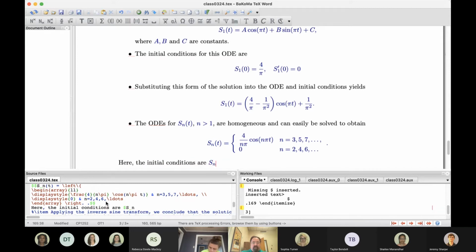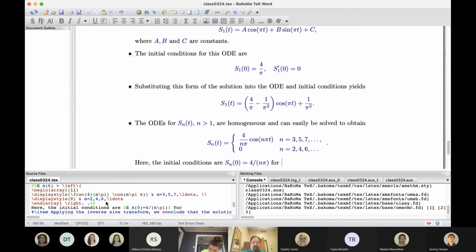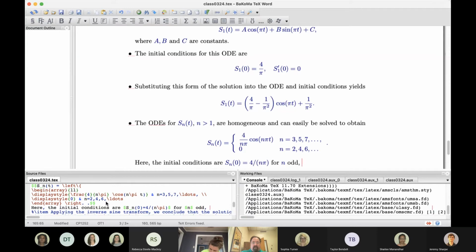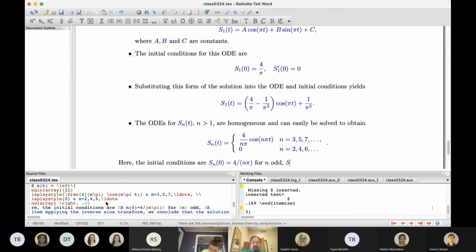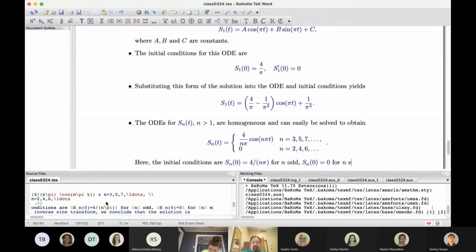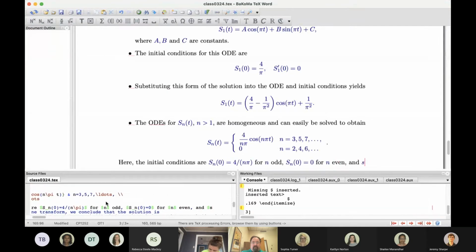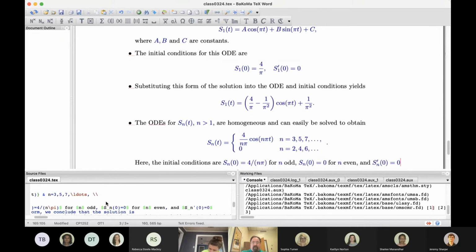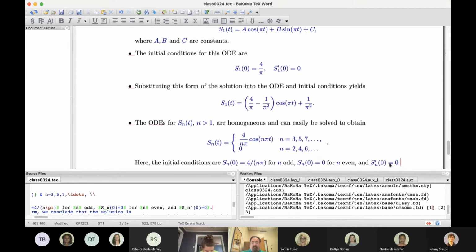So Sn of 0 is equal to that value for n odd, and Sn of 0 equals 0 for n even, and Sn prime of 0 is always 0.